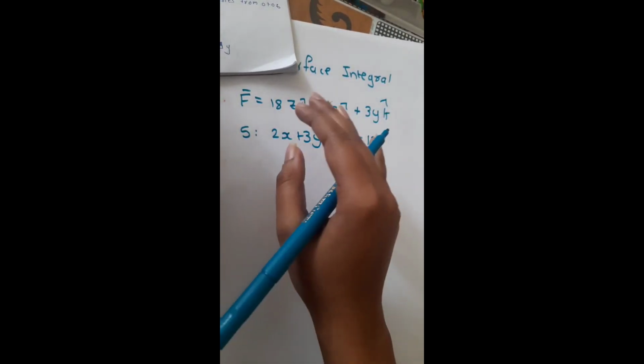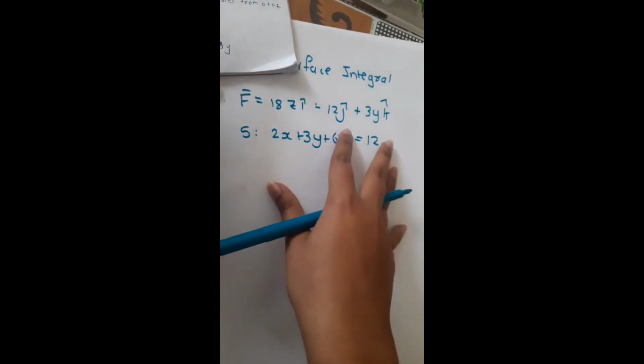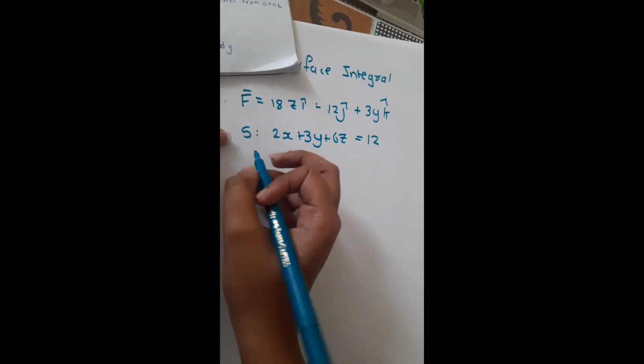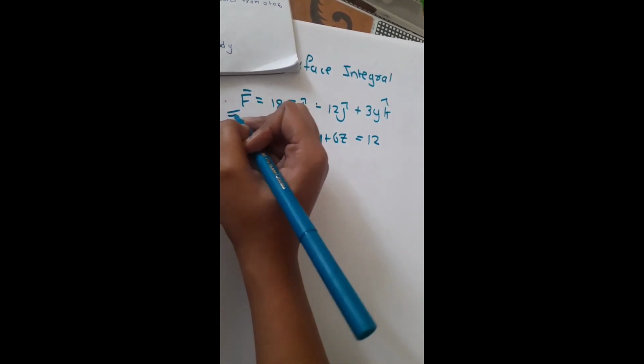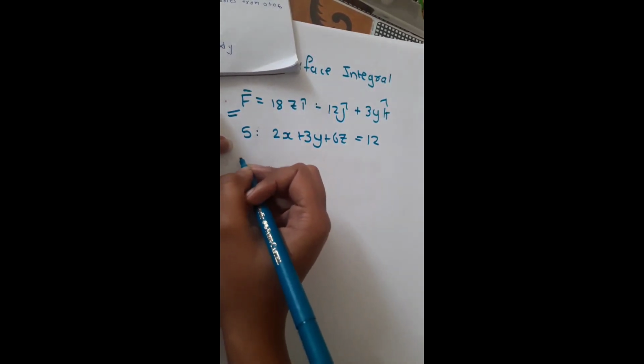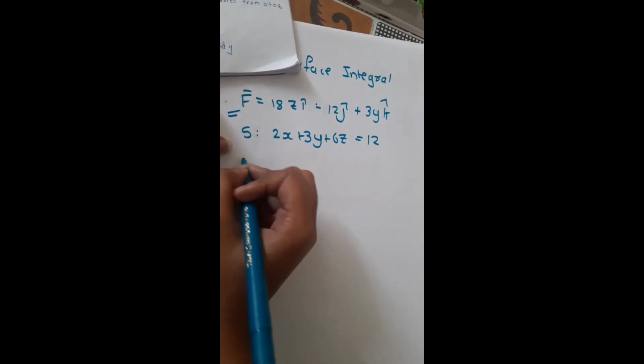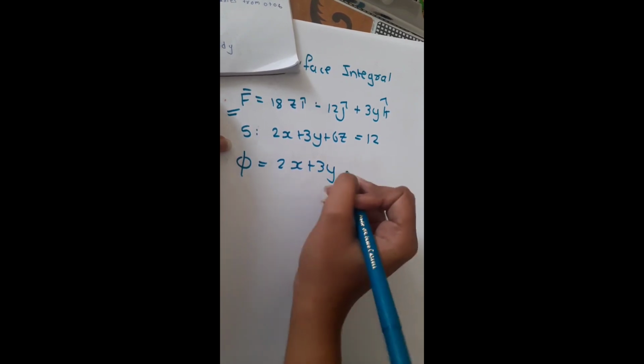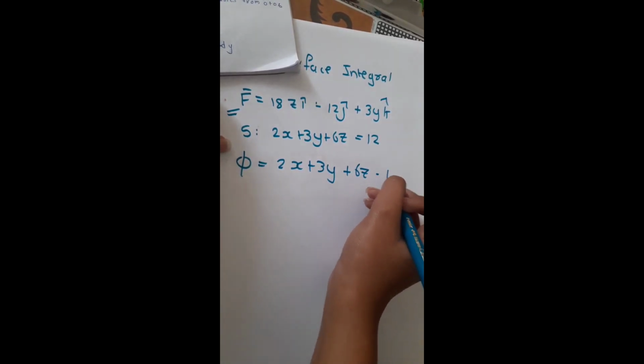We need to take the surface that is located in the first octant. So how will we find this? First, F is given. Now we need to find phi. Phi is this surface, which is 2x plus 3y plus 6z minus 12.